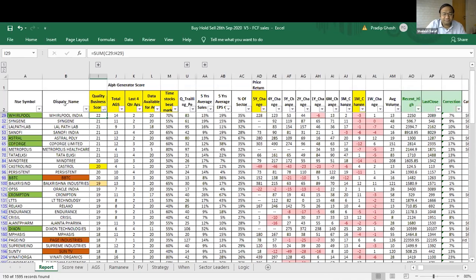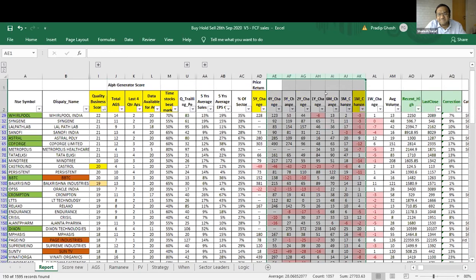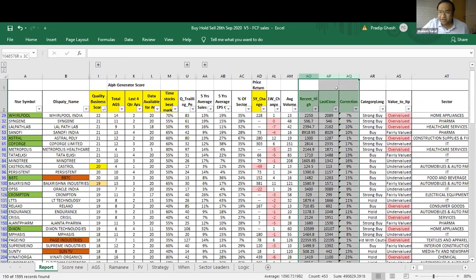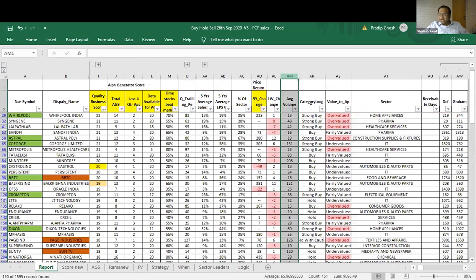Yeah, from highest QBS. Okay, so Whirlpool, the market cap is approximately, where is the market cap? Just a second. So let's study stocks because that is the main knowledge we need to understand in mid cap. What are the best stocks in mid cap?